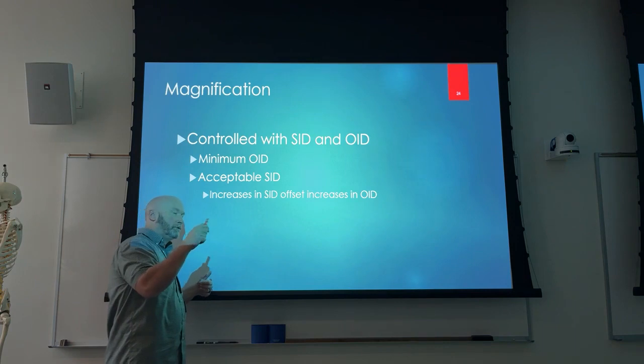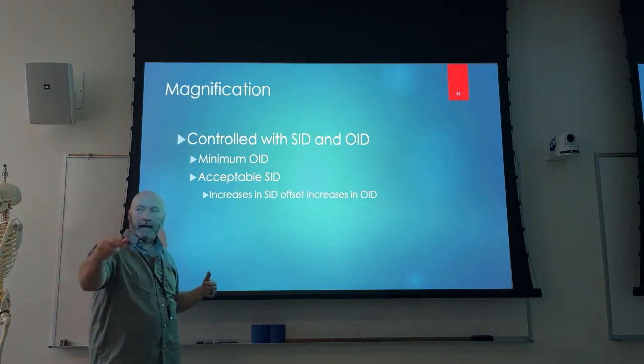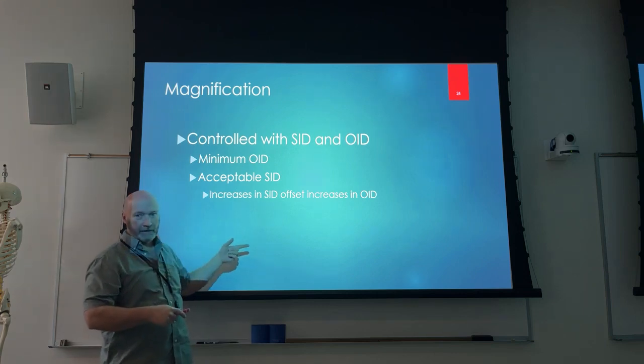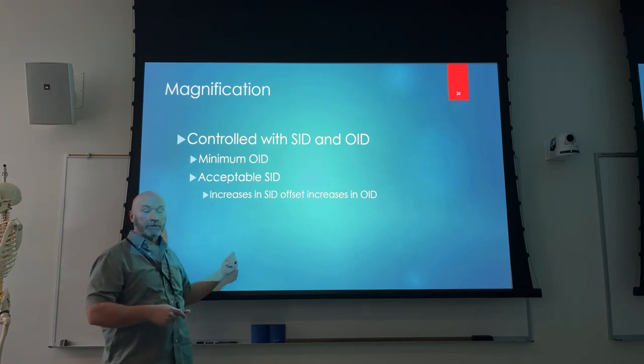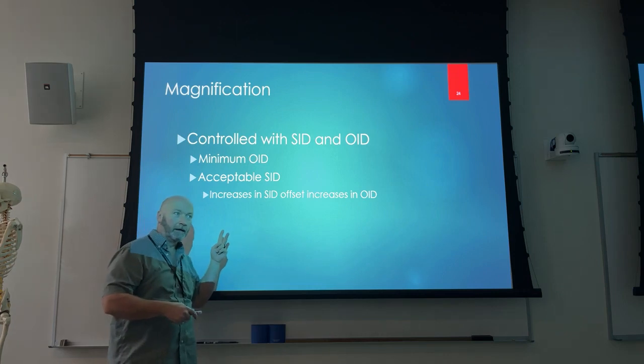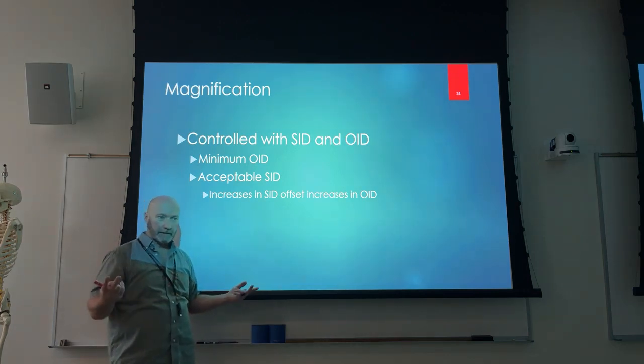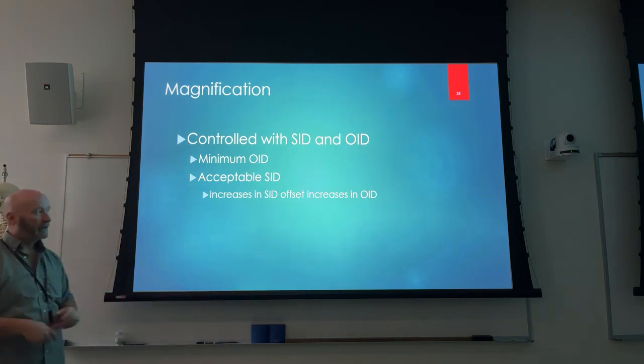And you used an 80 inch SID, then it would completely nullify the effects of the increase in OID. In other words, if you double your OID and double your SID, image size remains exactly the same. Okay, so you completely nullified.